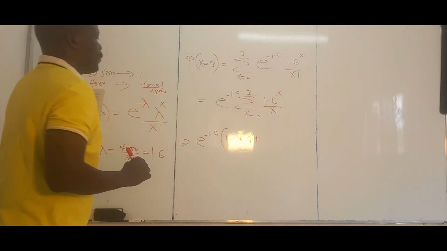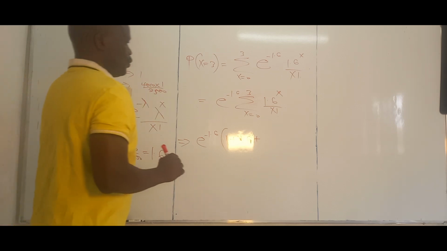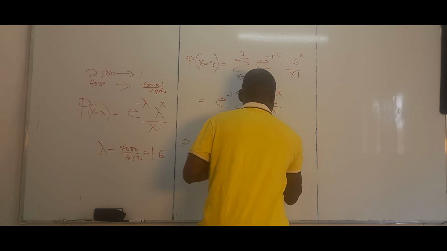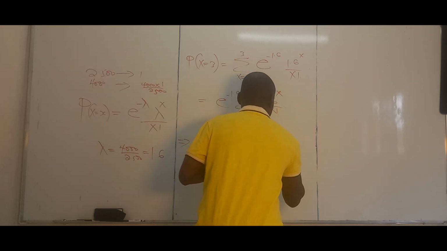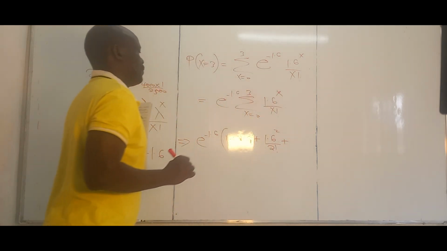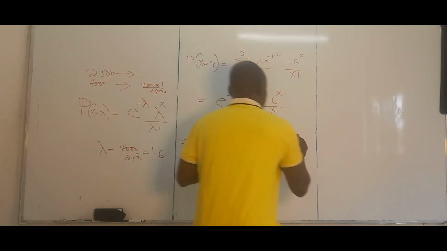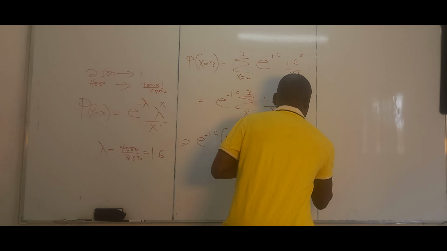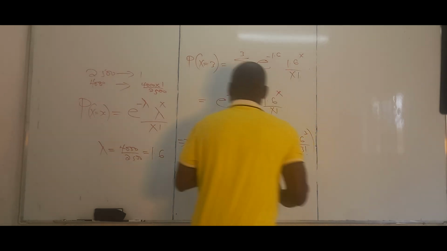Plus, when x is 2, we have 1.6 squared over 2 factorial. Plus, when x is 3, we have 1.6 cubed over 3 factorial.